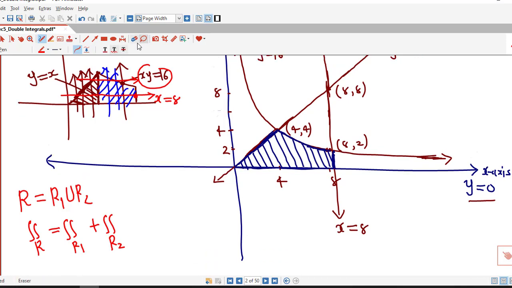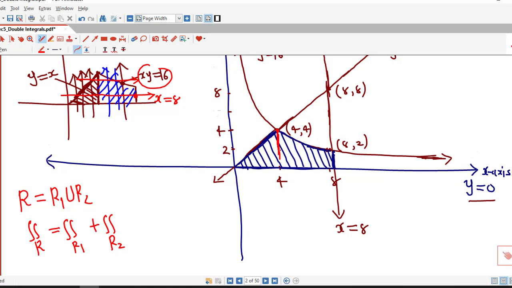So here we can either consider a vertical line or a horizontal line. Suppose we consider a vertical line, then we can see up to this point we have no problem. If we consider a vertical line up to this point, then that vertical line will leave the region on the line y equal to x. So we have to divide the region into two subregions at this point.